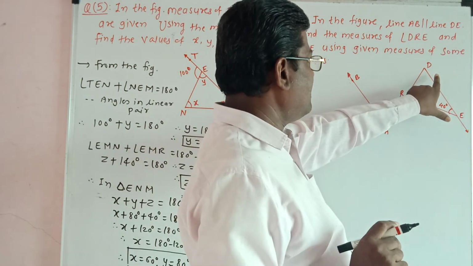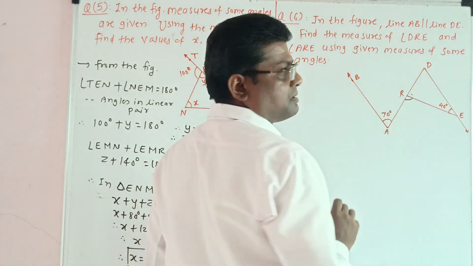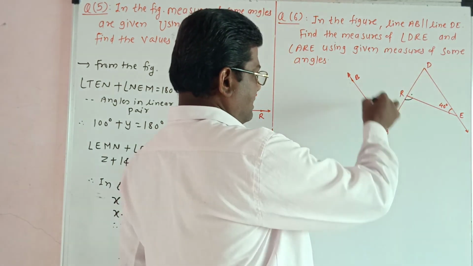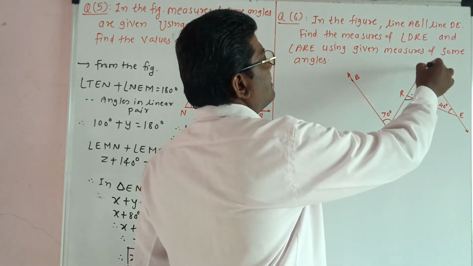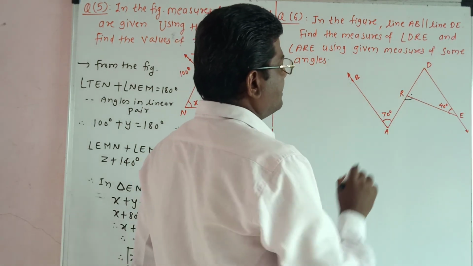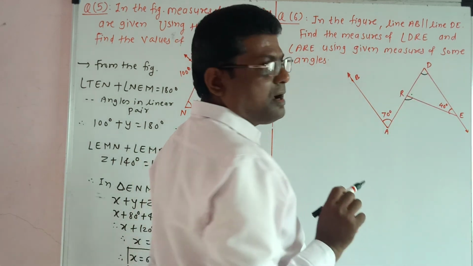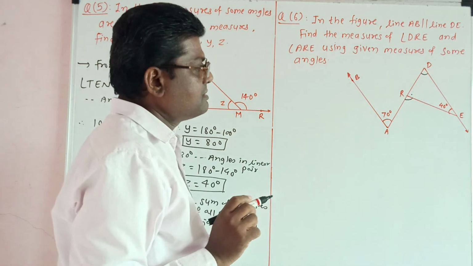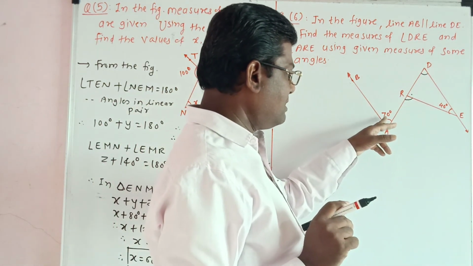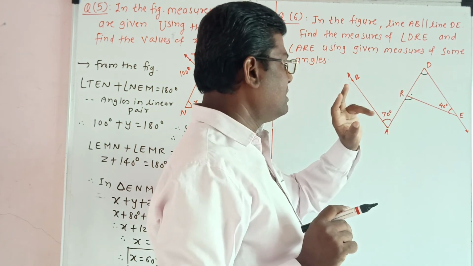Line AB parallel line DE and AD transversal. Then this angle and this angle are alternate angles. So this angle is 70 degree. Therefore this angle will be 70 degree.